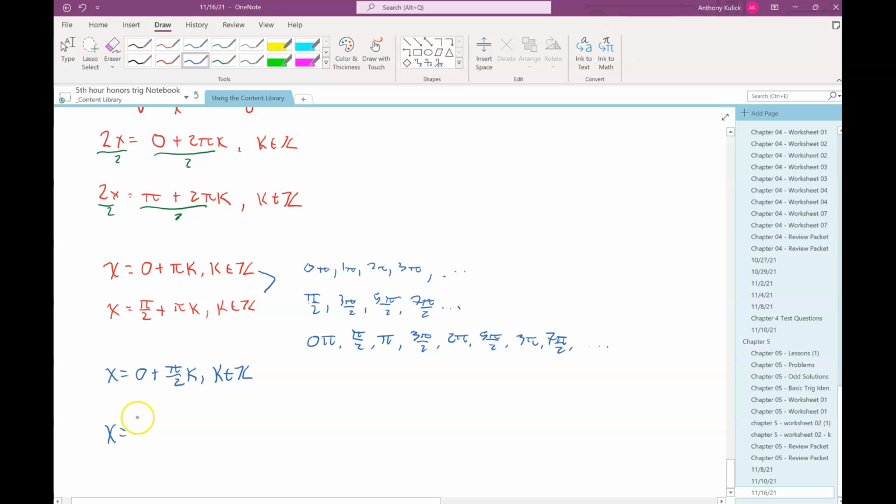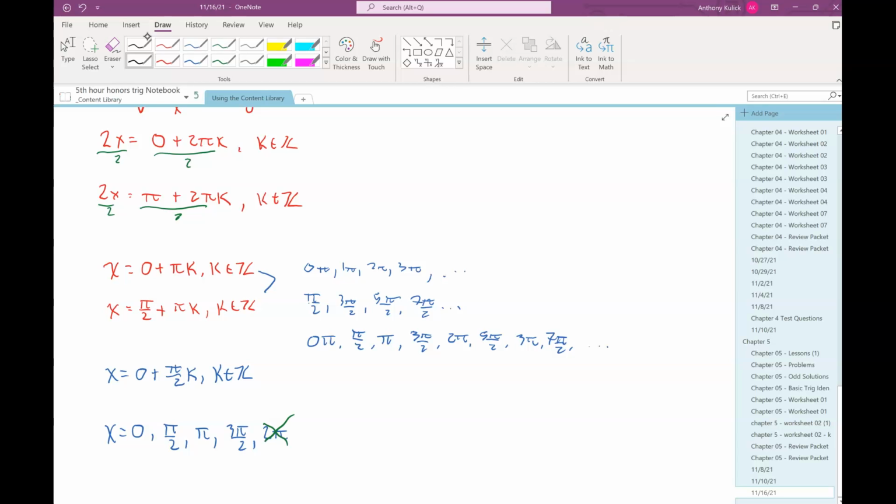So again, if I'm going from 0 to 2 pi, I have 0, pi over 2, pi, 3 pi over 2, and then not 2 pi though, right? Because the interval we're solving over has the parenthesis at 2 pi. Is that okay to hear?